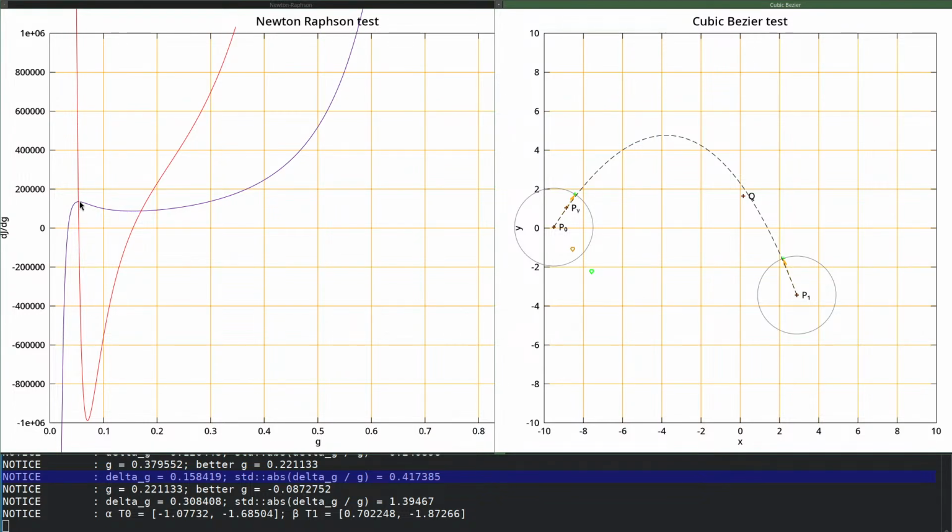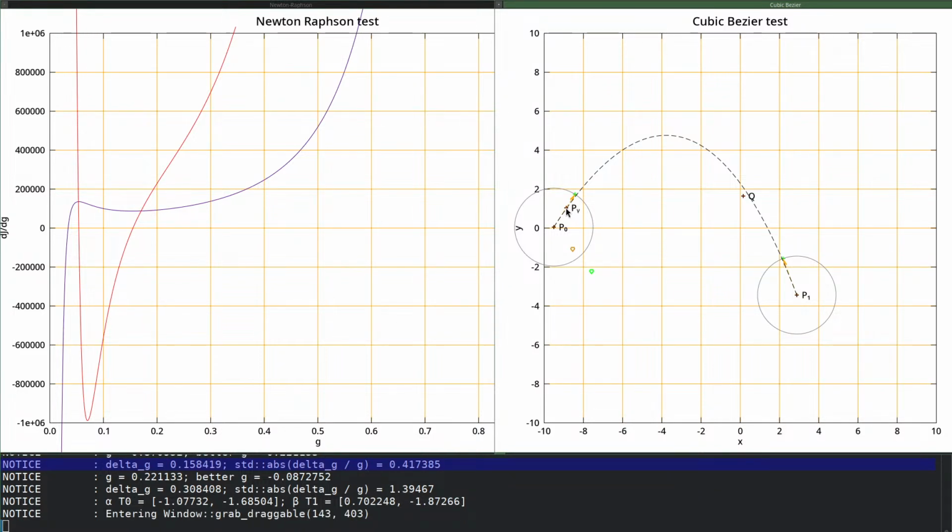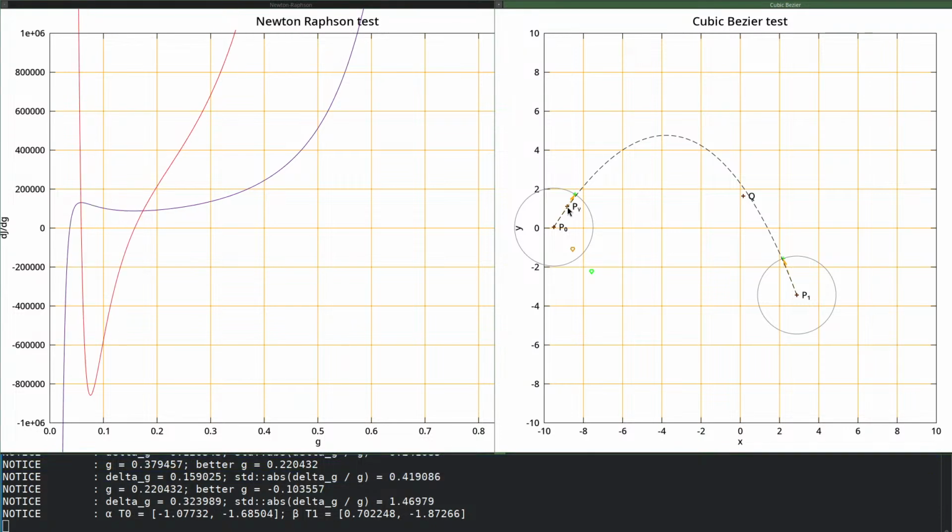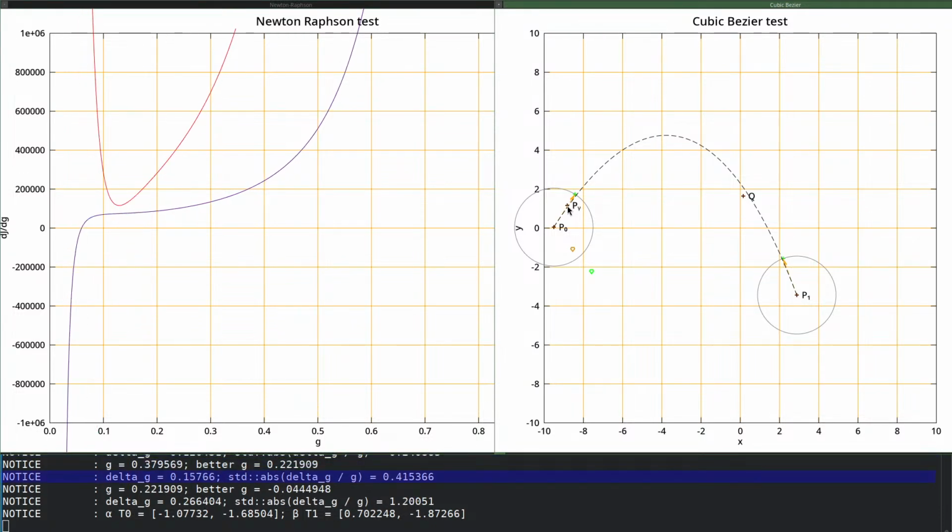Now in this case it exists because you can see it, but if I move this point a little bit, yeah, let's say this, now the red thing is positive all the way, so there is no minimum or maximum here where you can sit in between. So in this case, it should never happen that we detect that we go in the wrong way.